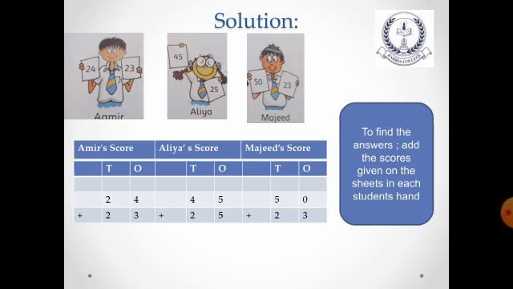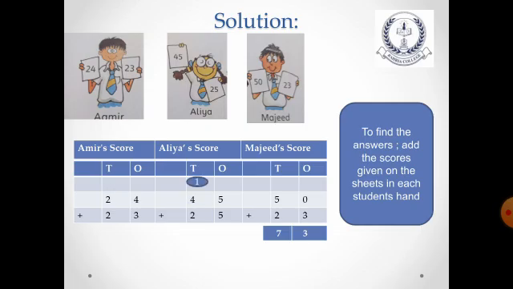So you can see that we are starting from Majid's score. Majid's scores are 50 and 23, so we are adding 50 and 23. Then we will add Alia's scores, those are 45 and 25. Then we will total the scores of Amir, that are 24 and 23.